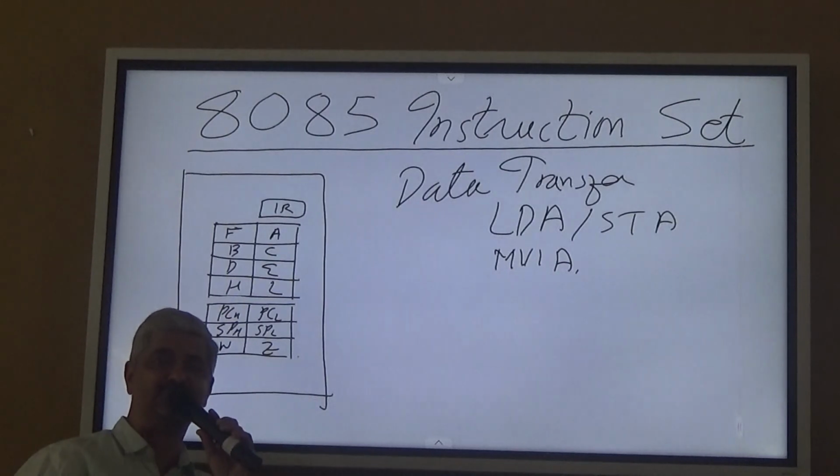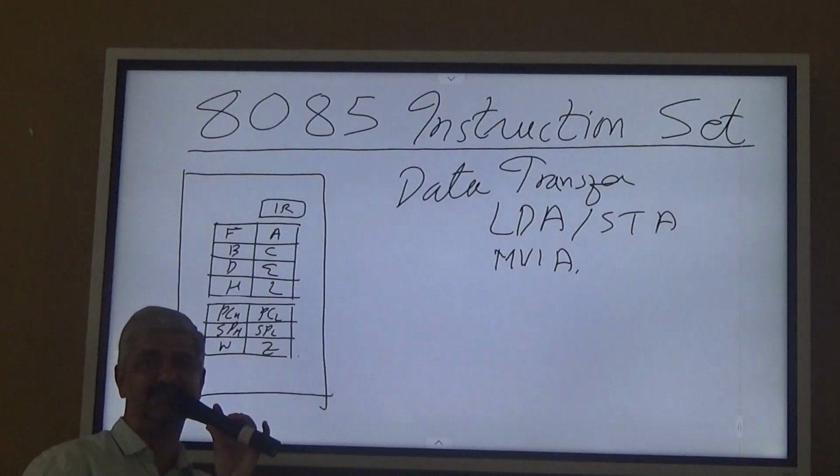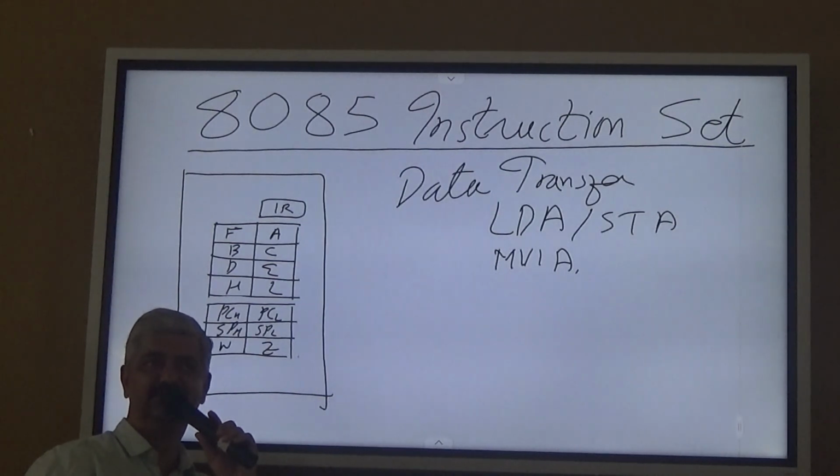How many such instructions must there be, from each one to the other? 6 plus 5 plus 4 plus... how much is it? 7 registers are there, so from one you should be able to transfer into any other and vice versa. So how many such instructions are there? 42.